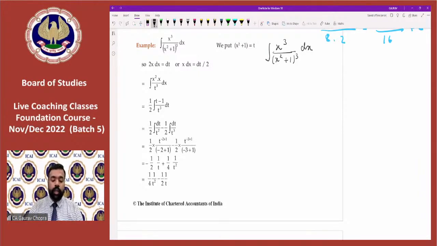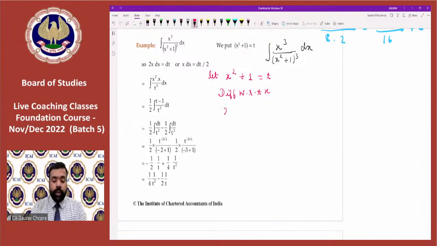Now here also we can let one of the functions as t. So if we let x square plus 1 as t, then what is the next step? Differentiating with respect to x.